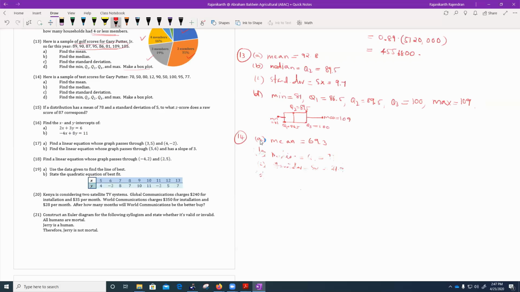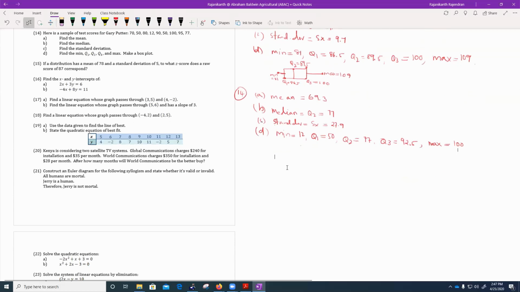And the five number summary: what is the minimum value of my data set? Yes, I have 12. Then Q1, the first quarter, is 50, and Q2, the median, of course, I got 77, and Q3 I got 92.5, and the maximum I got 100 for this data. 100 is the highest value.